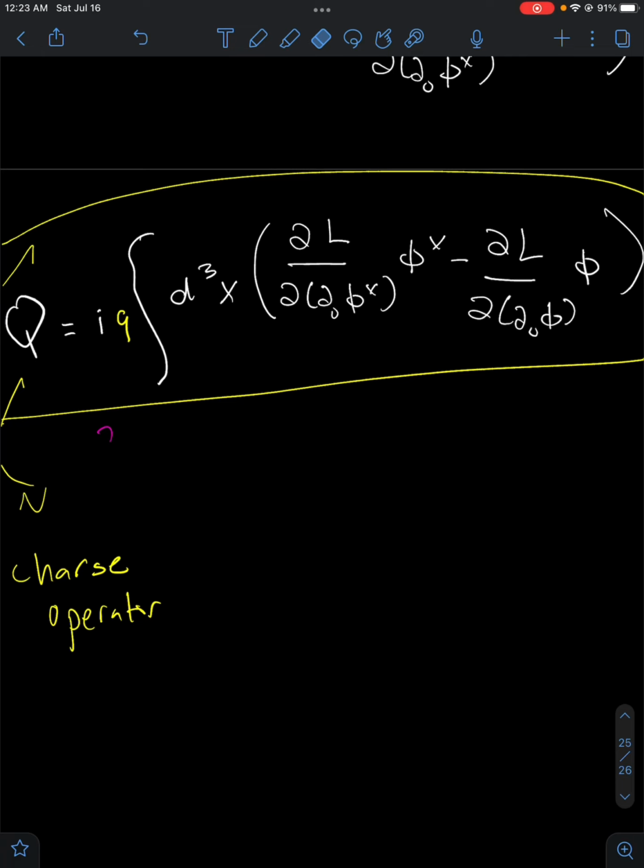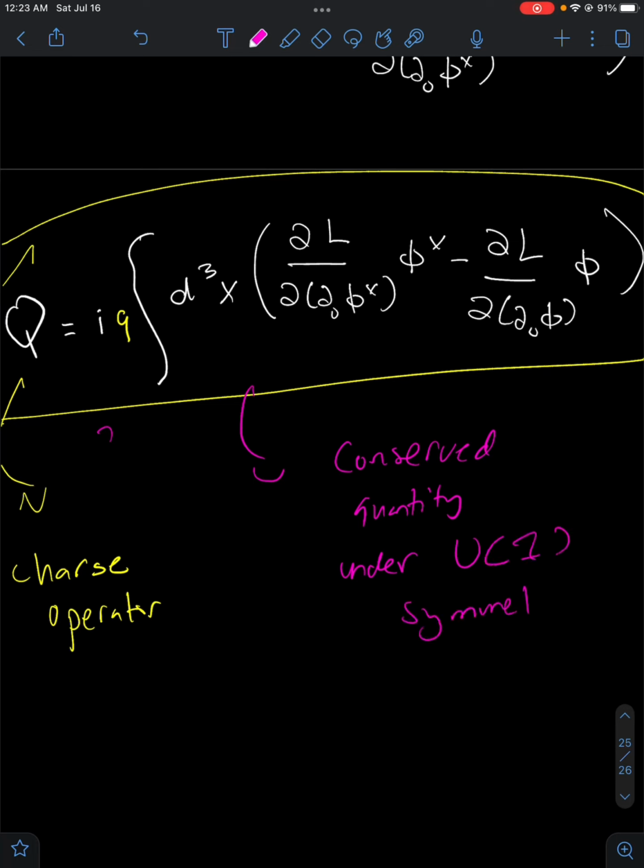So this is the conserved quantity under a U1 symmetry. Well, better said, it's one of those conserved quantities. But it's of interest since it gives us electric charge.